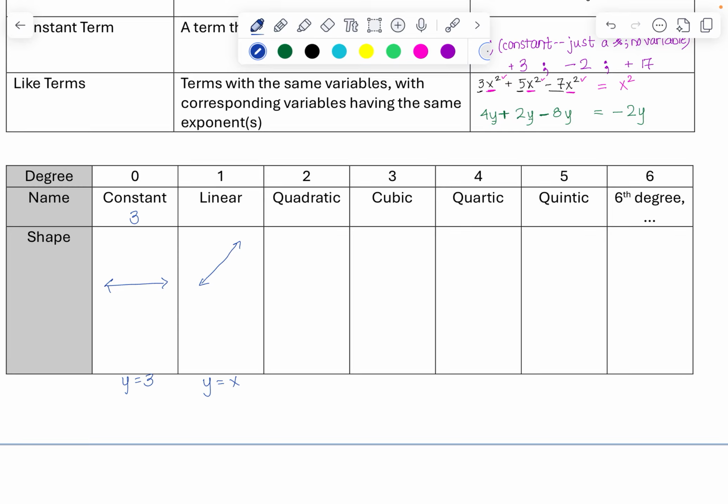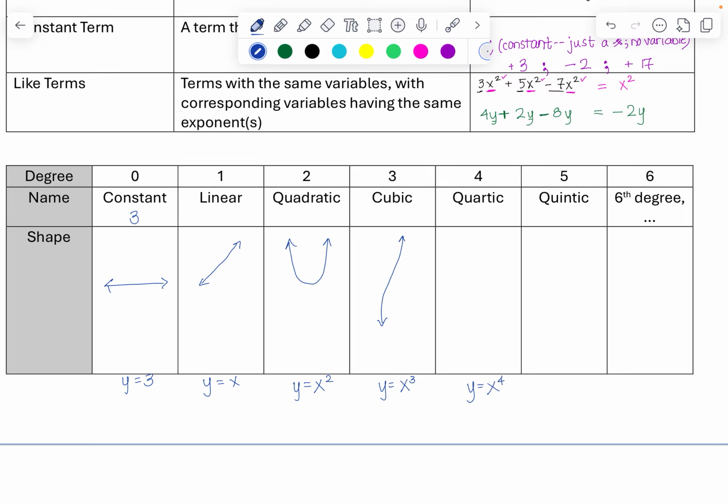Quadratic. This is a quadratic. This is a parabola. Y is equal to x squared. A cubic looks like this. This is y is equal to x cubed. Quartic, yep, you guessed it. Y is equal to x to the 4th power.